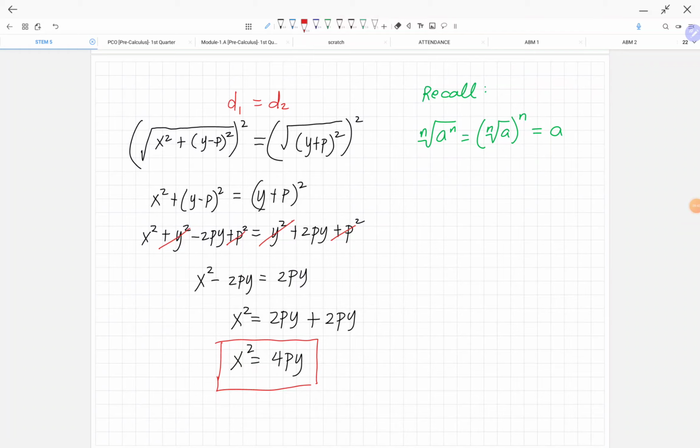Our parabola will have different equations based on its orientation, which will be discussed further in this lesson. So that's it. Again, this is our equation: x squared equals 4py.